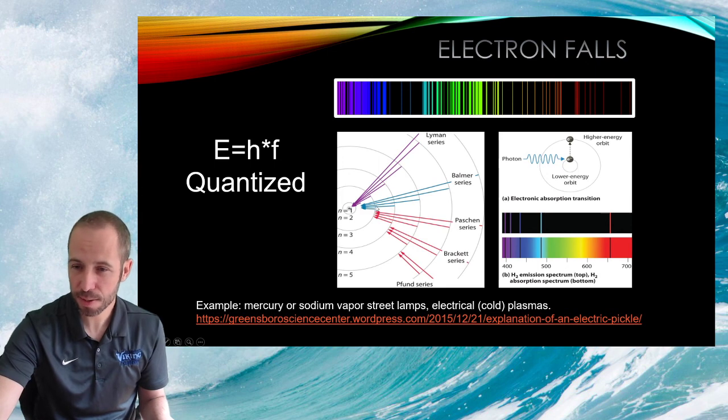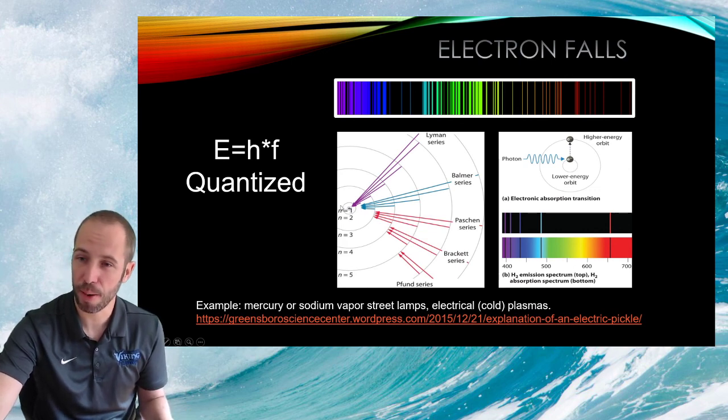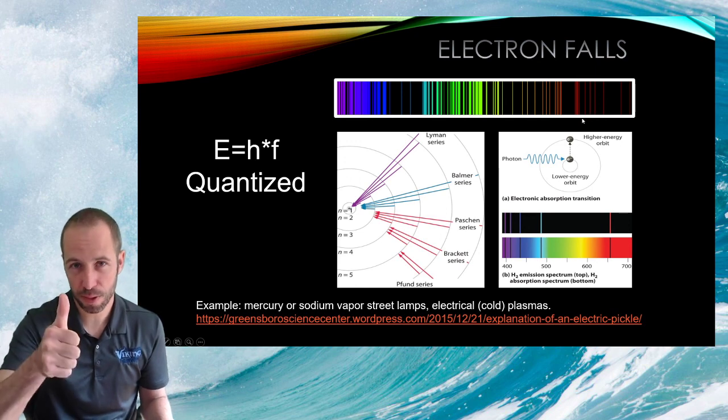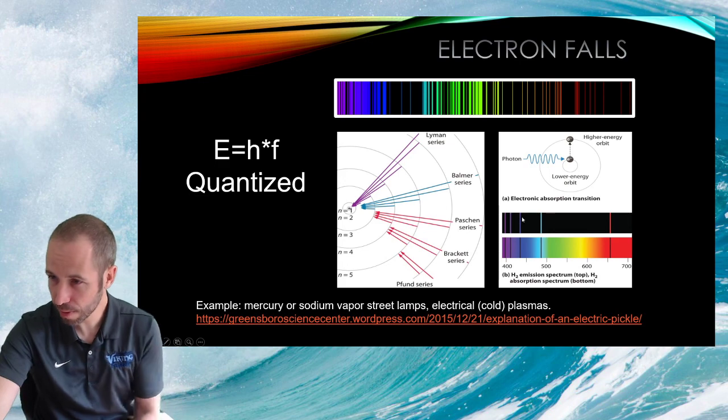And those height combinations are defined by how many protons, and well, nobody cares about the neutrons, but how many protons you have in the nucleus. It's defined by which atom we're talking about. So different atoms will get different color combinations, and that means that each color combination is kind of like the fingerprint for an atom.